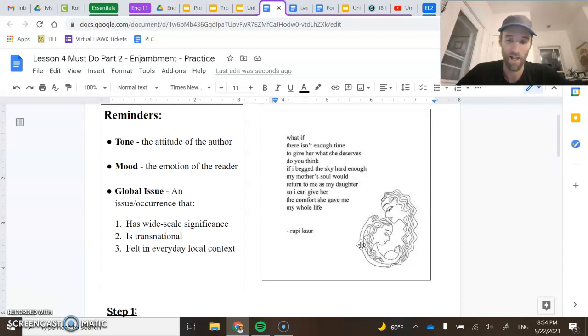She said, I beg the sky. Would my mother's soul, so what's she begging for? She's leaving you hanging. Uses that enjambment to force you to the next line to say, return to me as my daughter, and connect her message to the next generation, her daughter, in the final few lines of the poem.